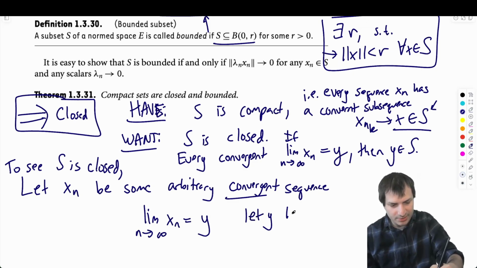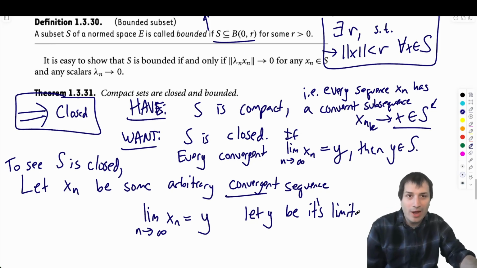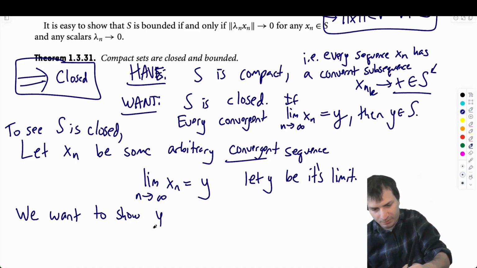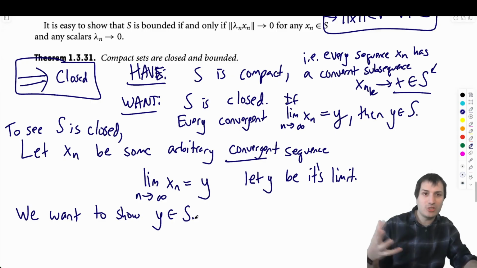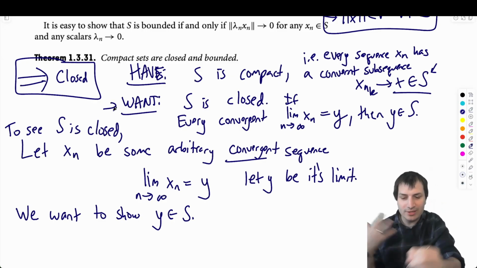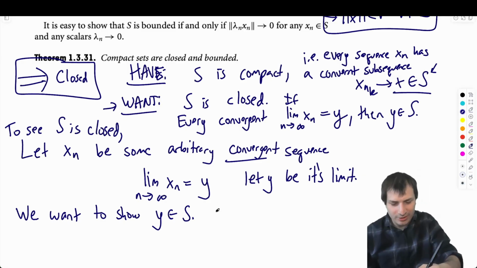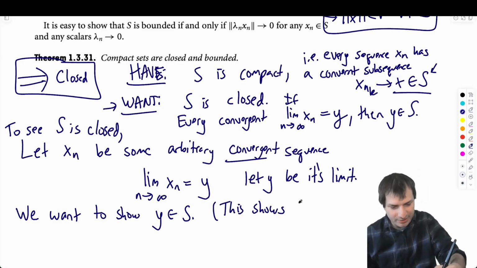Let y be its limit. And what we want to show is that y is in S. That is what we want to do. That would prove it's closed by the theorem from earlier. Let's say this shows S is closed by that theorem.